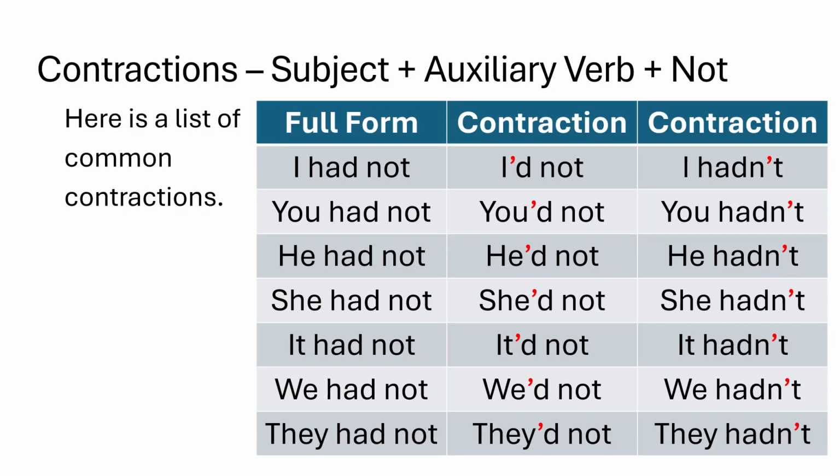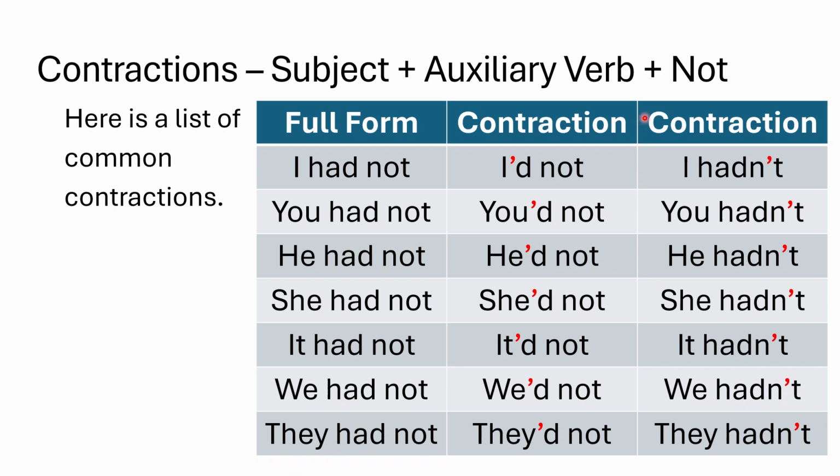Here is a list of common contractions. These contractions are made up of the subject plus the past perfect tense auxiliary verb to have, which is had, plus not. This is the full list. The first group of contractions is correct, but uncommon in everyday speech.